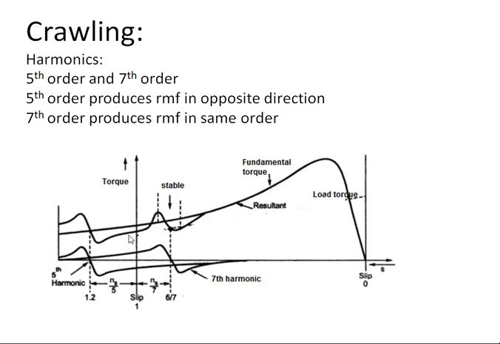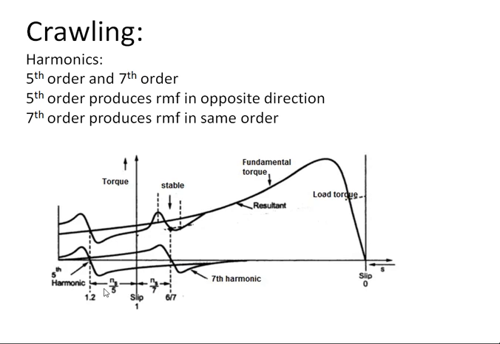So here the three torque speed characteristics are demonstrated in this graph, due to the fundamental, the seventh order and the fifth order. You can see here the fifth order is in the opposite direction, whereas the seventh order is in the same direction.